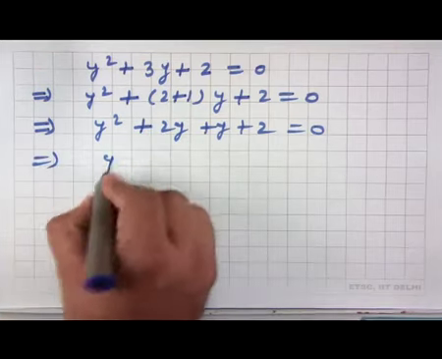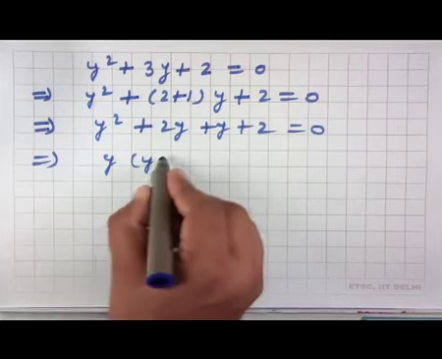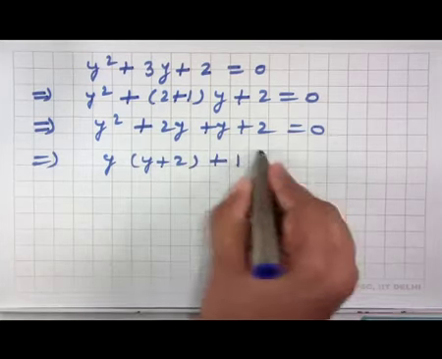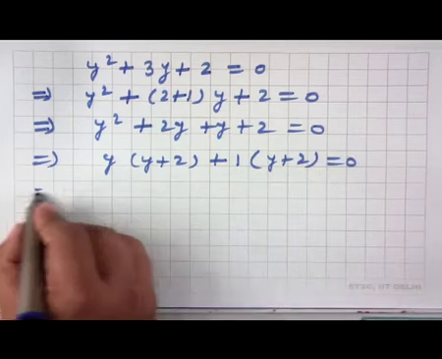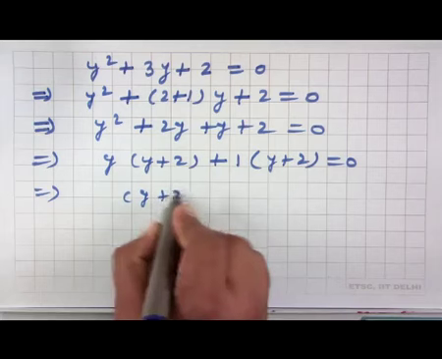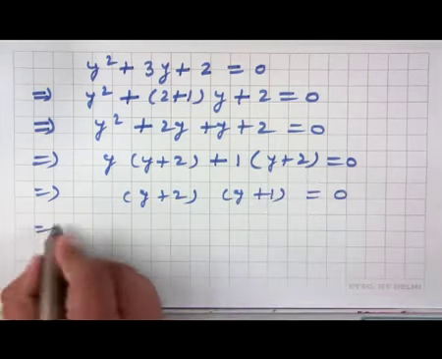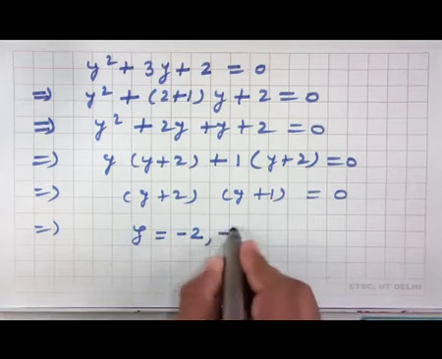Taking out y, y plus 2, and plus 1, y plus 2, it will be y plus 2, y plus 1. Now, the roots will be y equal minus 2 and minus 1.